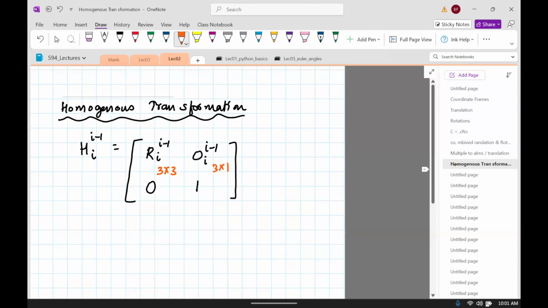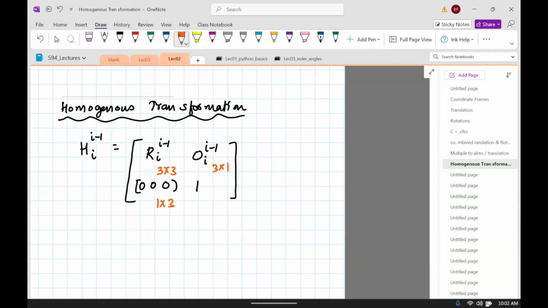So now what we have here is a block matrix. We need to combine a vector and a rotation as follows. This is a placeholder that actually has 0, 0, 0. So this block is 1 cross 3.